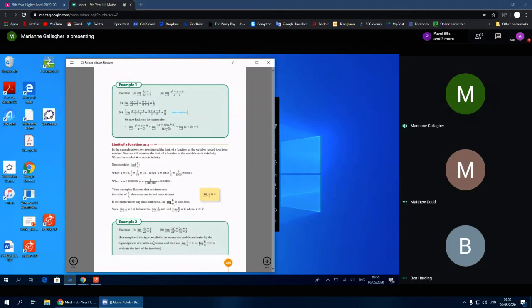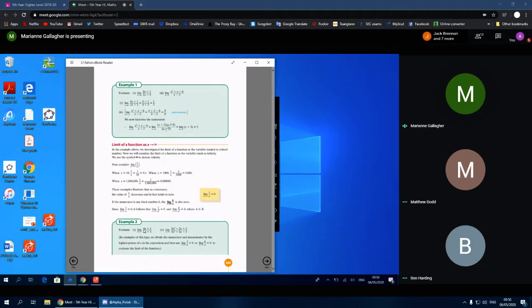Now, to do the limits when x is tending to infinity, it's a little bit different because we can't sub in infinity. You're going to use this rule for every single one of these. If you're getting the limit as x tends to infinity, the one thing we know is 1 over x is equal to 0, or anything over x or x squared is equal to 0.